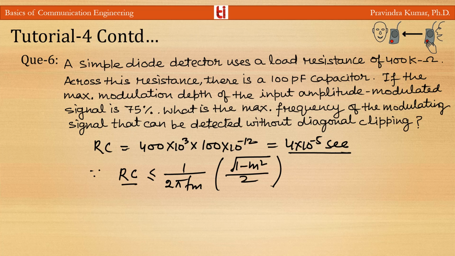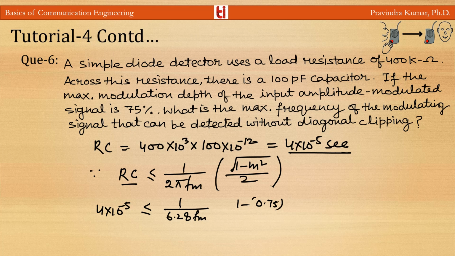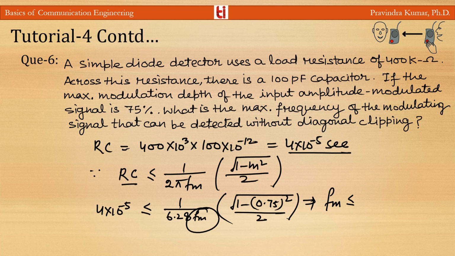RC is given as 4 × 10^-5, which is less than or equal to 1/(6.28 f_m) times the square root of (1 − 0.7²) divided by 0.7, and from here we get f_m less than or equal to 3510 hertz.